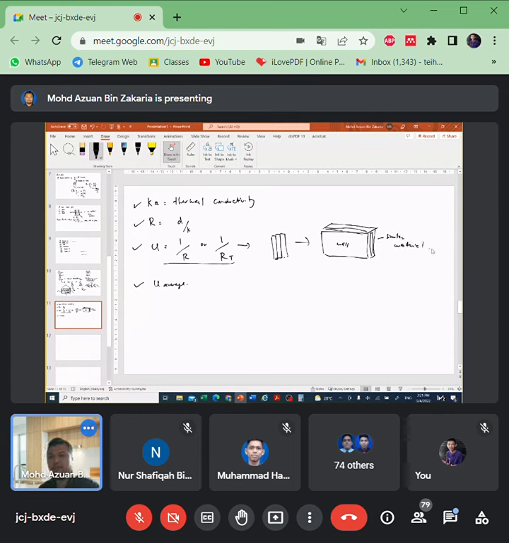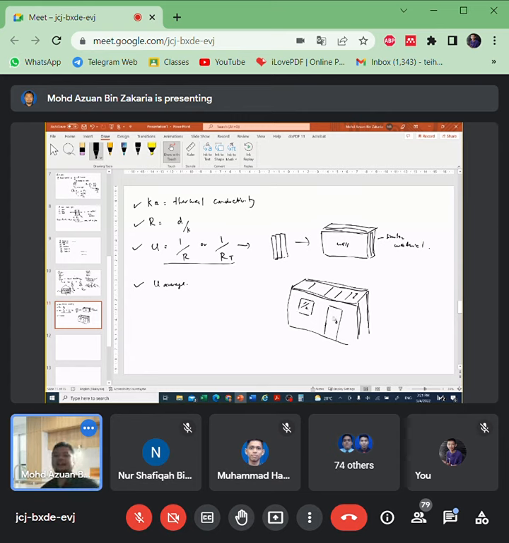Okay, what happens if the wall is like this? Still have plaster and then wall, a brick. The plaster, brick, the 3 layers, but have also door and window.